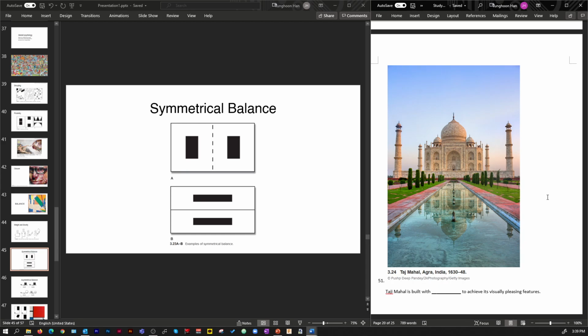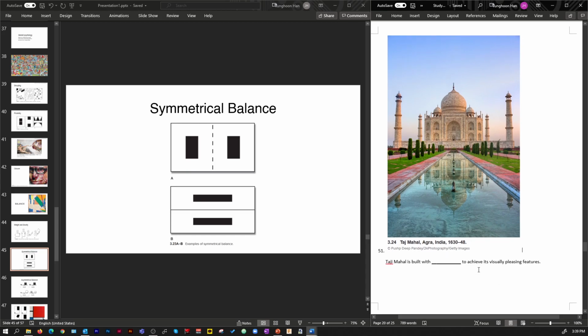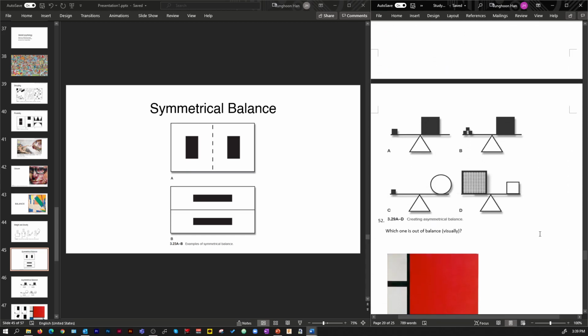It wants everything in a stable status. That is one of the reasons why human beings, a creation existing in the universe, are also attracted to symmetrical balance, which tends to be visually more stable than asymmetrical balance. So Taj Mahal is created with symmetrical balance to achieve its visually pleasing features.